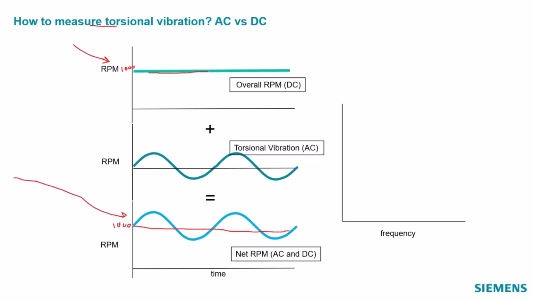Something that's constant in speed like this, if I did an FFT, Charles, what frequency does that have? 0 hertz. That isn't fluctuating, so that goes right to 0 hertz. And then the fluctuating part will go to whatever frequency it's fluctuating at. So our 1,000 RPM is over here, and then our 60 RPM is over here, and that's why we can cut an order or whatever in order to tell what the fluctuation in RPM is.